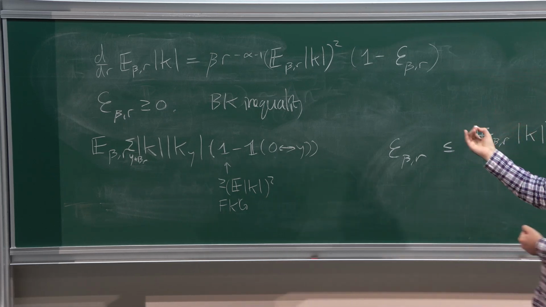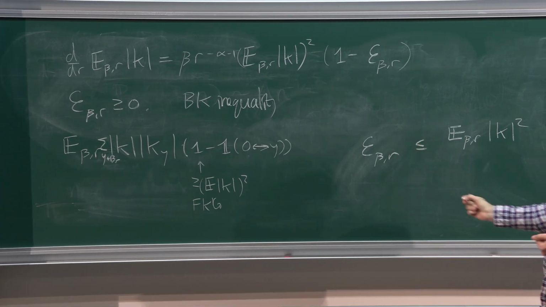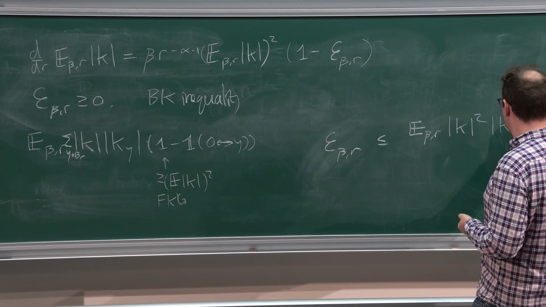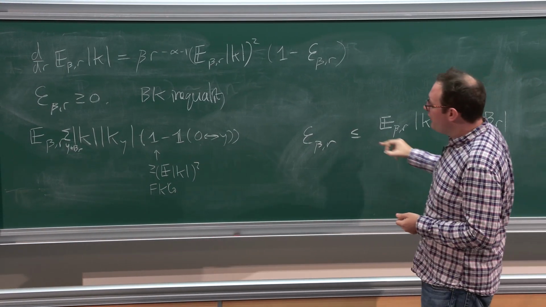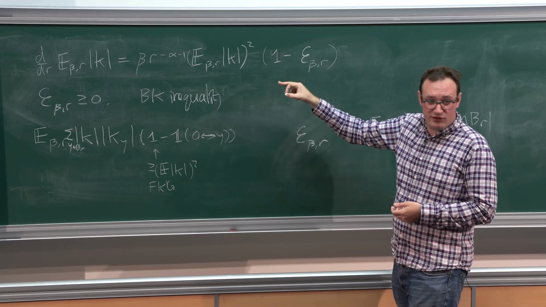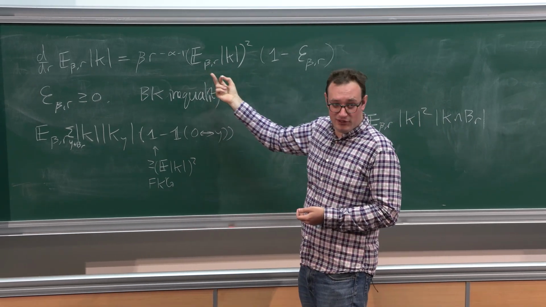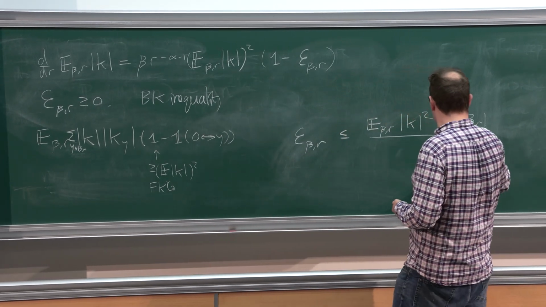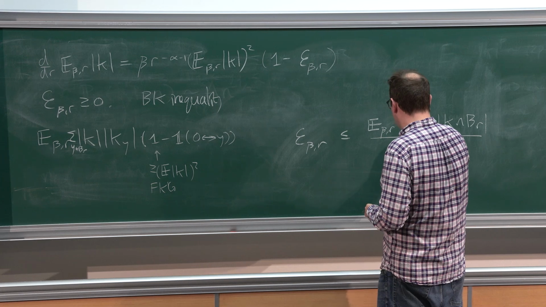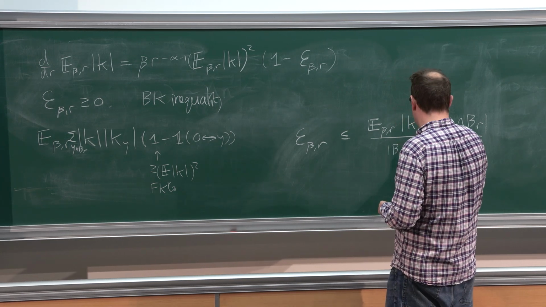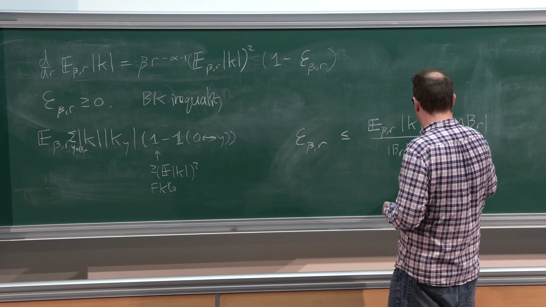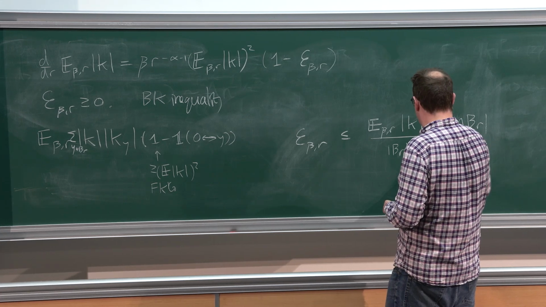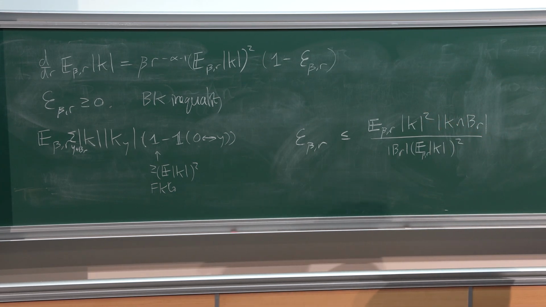And I get the square of the cluster at the origin, because k and ky are the same, times the number of y for which this indicator holds. And I wrote my error in this multiplicative notation, so I have to divide by the leading order term. So I get the volume of the ball times the square of the first moment.